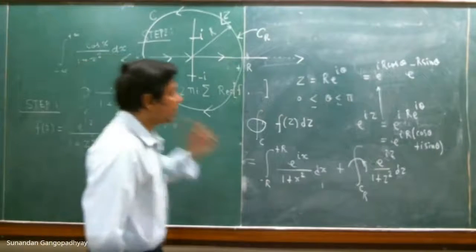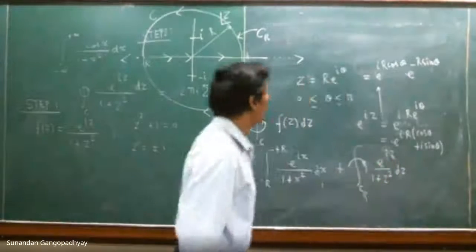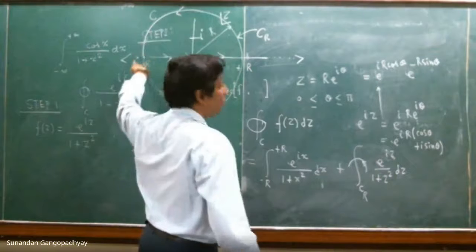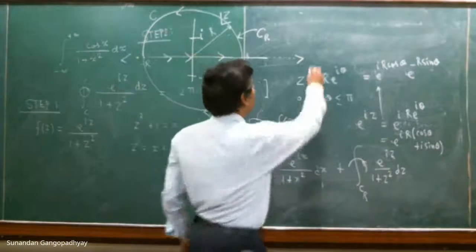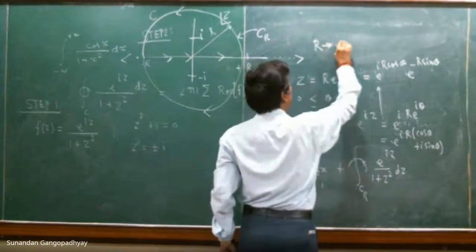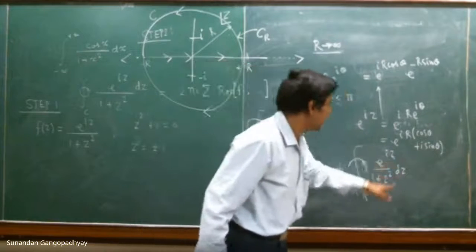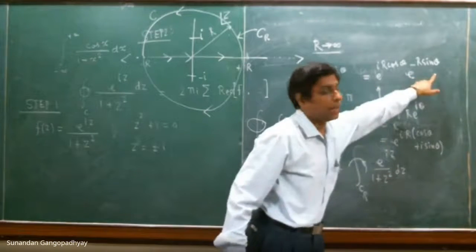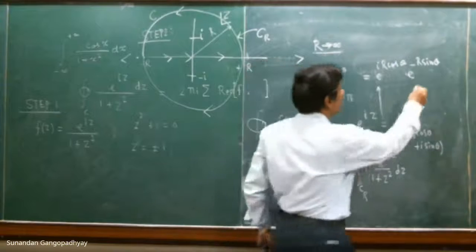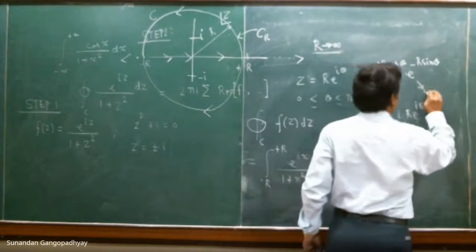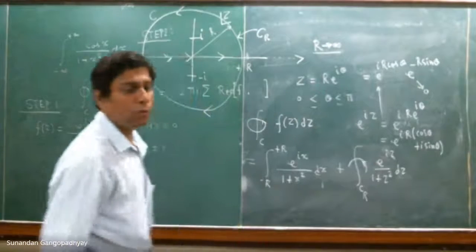So you can see that e^(iz) on this contour, in the limit of r going to infinity, has e^(-r sin θ), and therefore in this limit this tends to 0, and that is what we want.